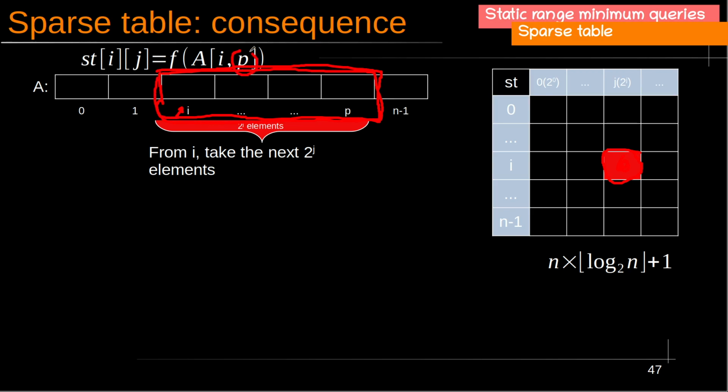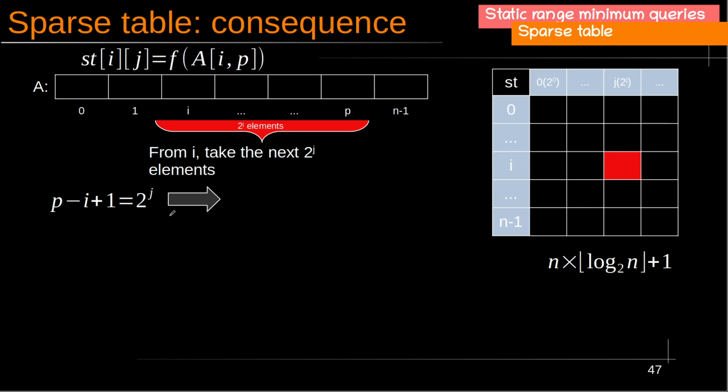But what's this position p? We know that from i to p there are p minus i plus 1 elements, which is equal to 2 power j. The number of elements here is 2 power j. So we can conclude that p is equal to i plus 2 power j minus 1.